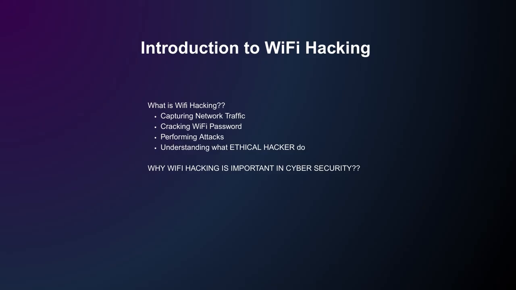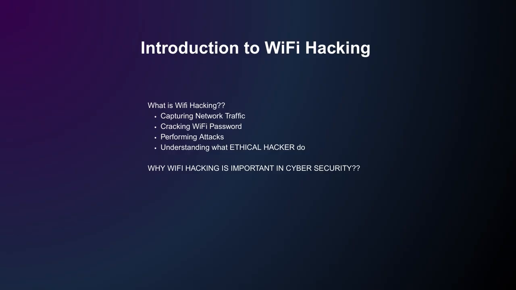So Wi-Fi hacking is the practice of testing the security of a wireless network to identify weaknesses and vulnerabilities, and it involves trying to gain unauthorized access to a Wi-Fi network to understand how attackers might exploit it.